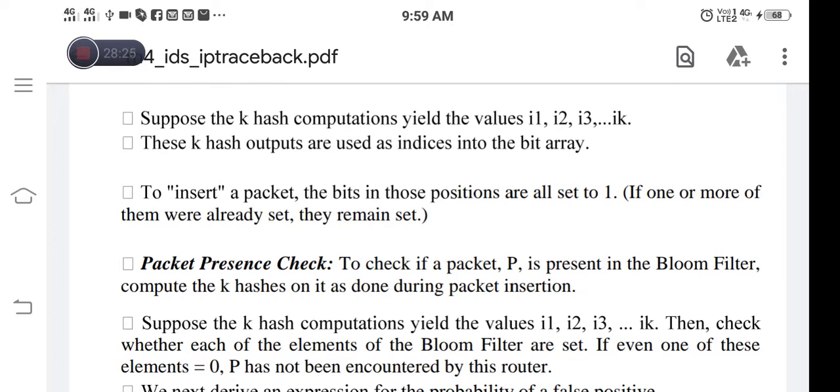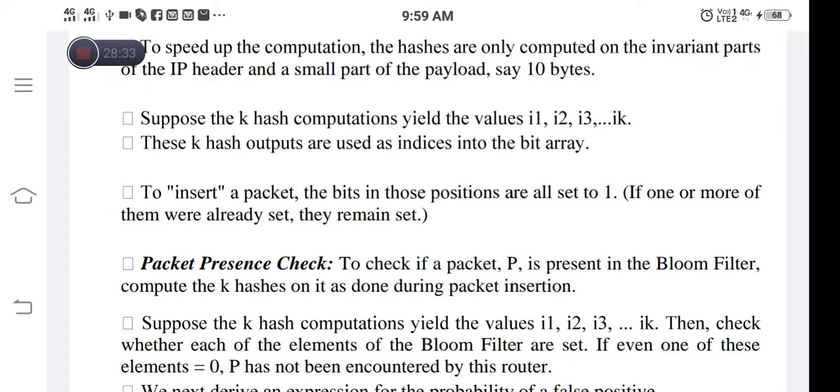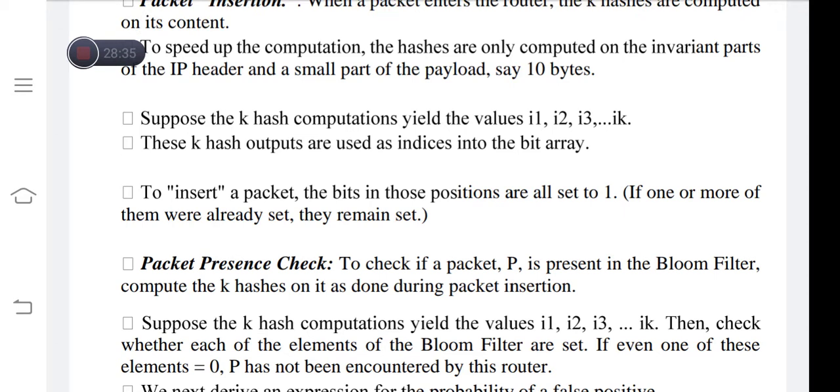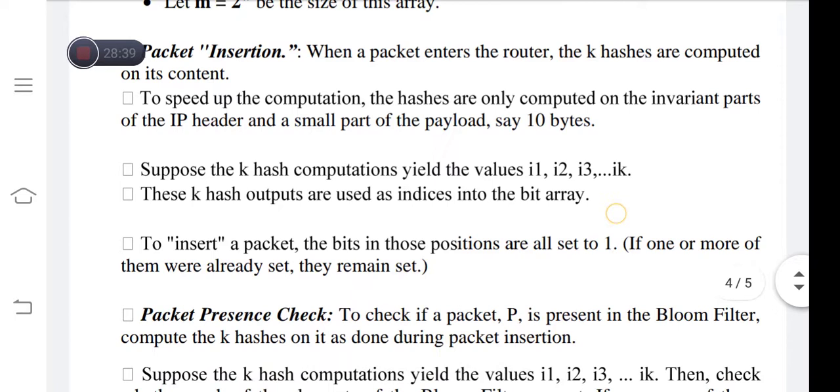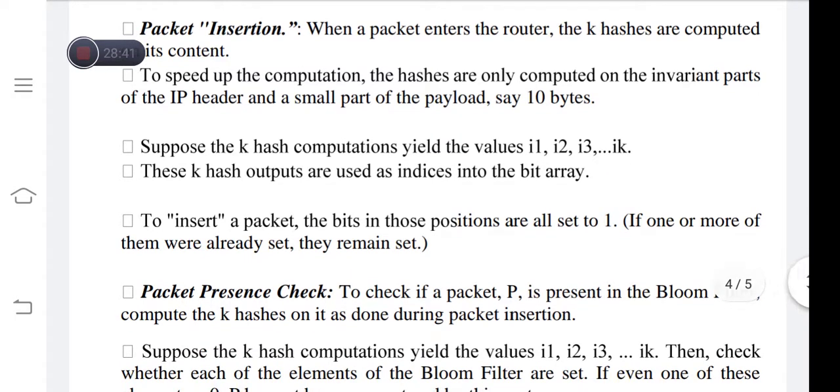So these k hash outputs are used as indices into the bit array. If I want to store into the Bloom filter, which is an array, I want the index. That index I am going to get through the output of the hash function, which is computed on the 10 bytes of the IP header contents.